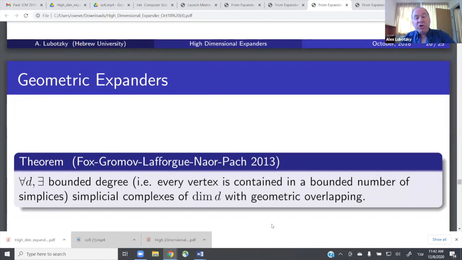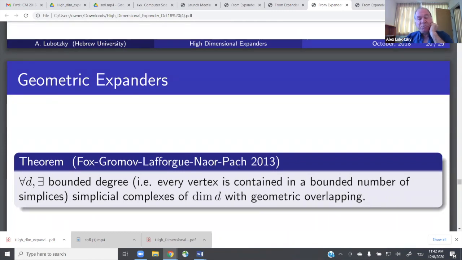Shortly after that paper of Gromov appeared in 2010, another paper, this time of Jacob Fox, Gromov, Lafforgue, came out. We heard the name Lafforgue before, but this is not the same Lafforgue; this is his brother, Vincent Lafforgue.